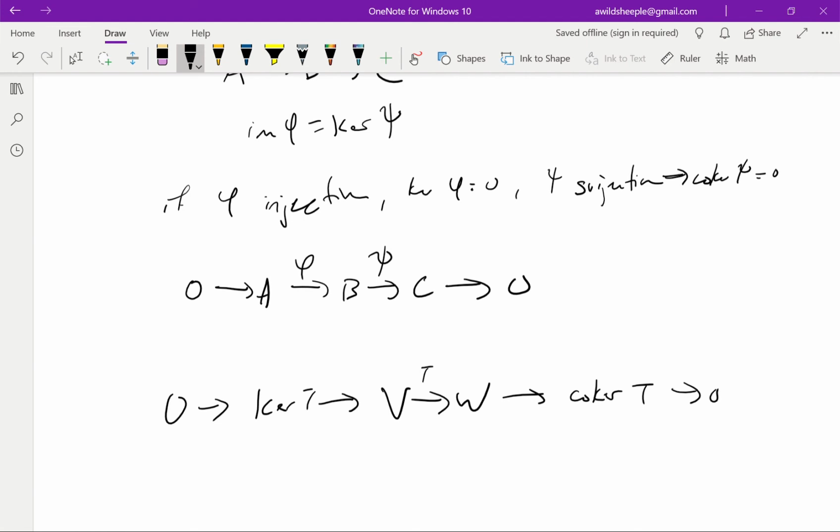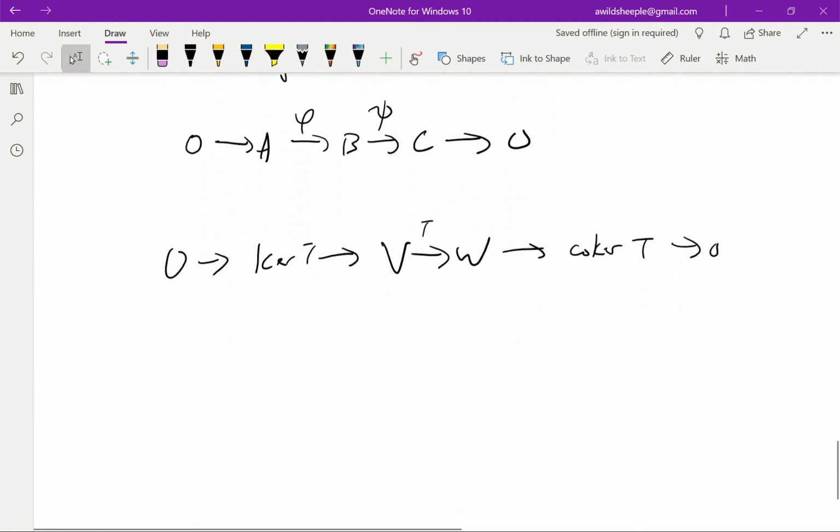And this is our inspiration for this definition in Kashiwara and Shapiro. Oftentimes in practice, one can truncate this sort of thing. You may be only interested in certain aspects. There's nothing wrong with just ignoring things. So in Kashiwara and Shapiro's definition, what's going on is that they're looking at the sequence V to W to the cokernel, and they're not really interested in what else there is. And so they call this thing exact when the object that you want to put on the right of the map from V to W is exactly the cokernel.